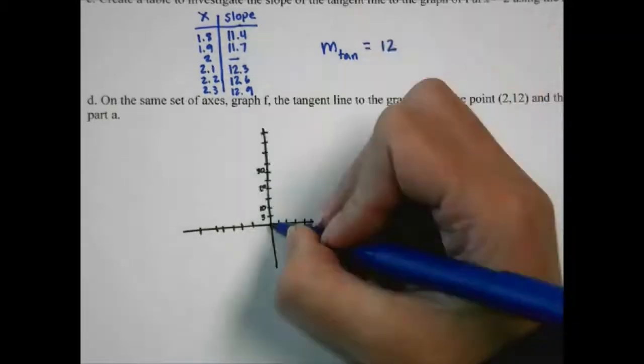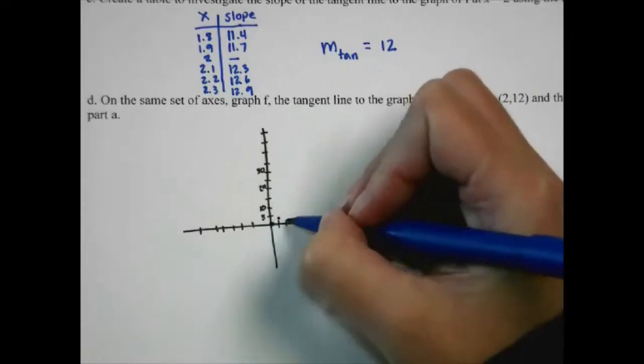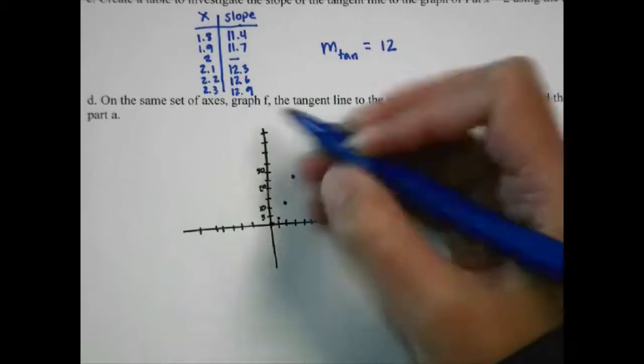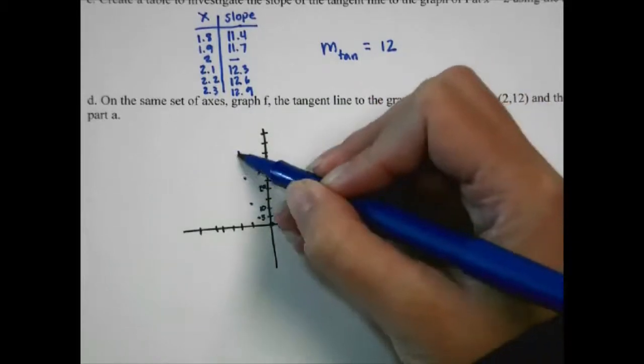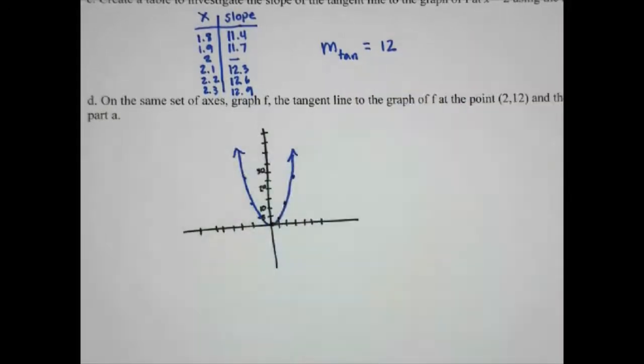So when x is 0, we're at 0. x is 1, we're at 3. 2 is at 12. 3 is at 27. So there's our graph, and you can use the calculator to help you. Then we have the secant line.